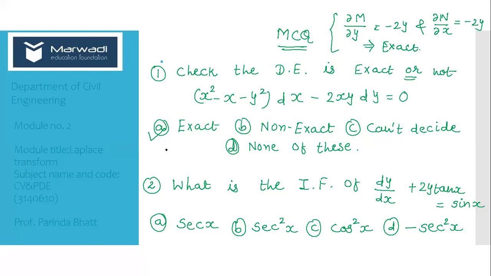Everyone quickly find the integrating factor: dy by dx plus 2y tan x equal to sin x. IF equal to e raised to integration p dx. Use this formula, everyone. And what is p here?